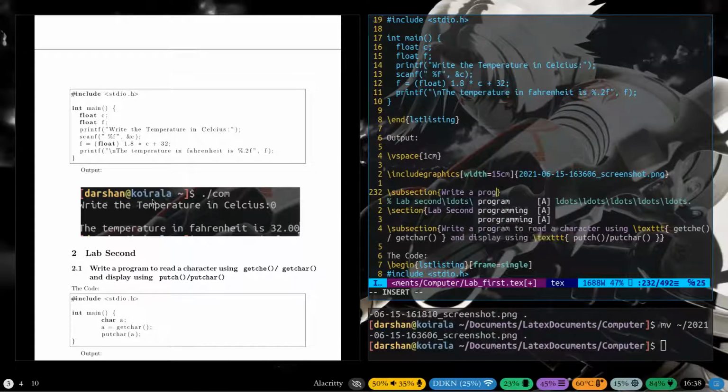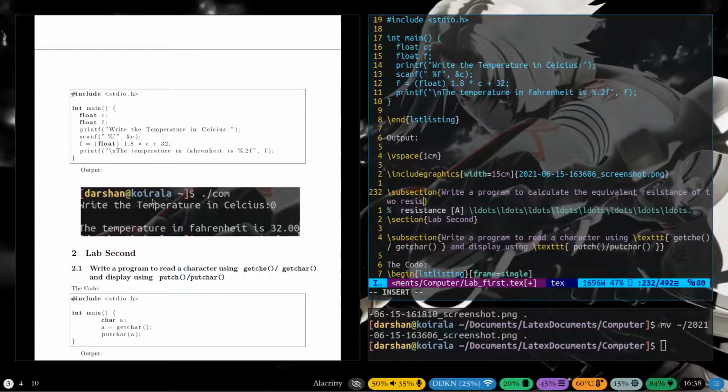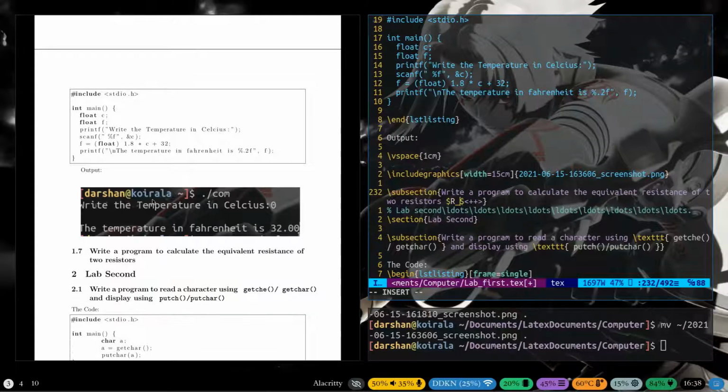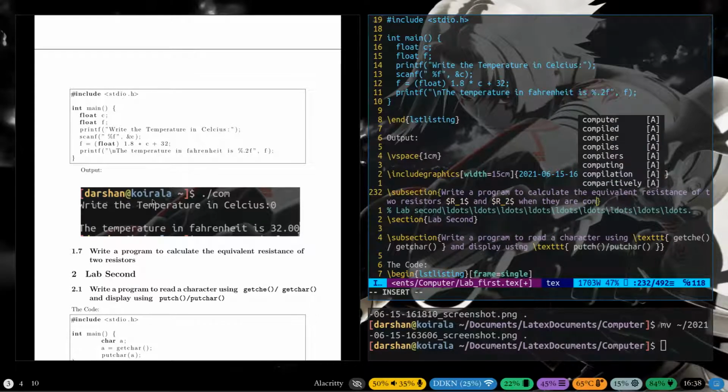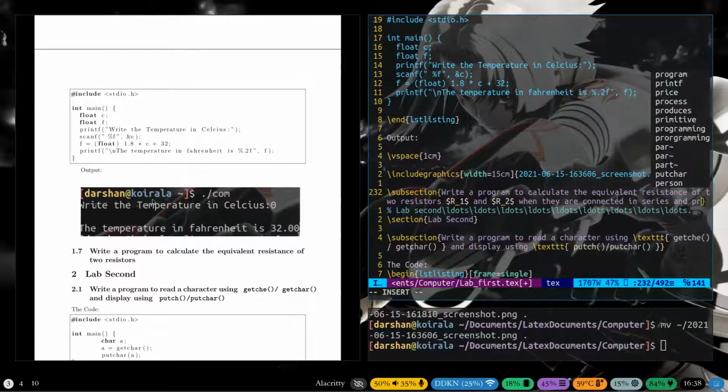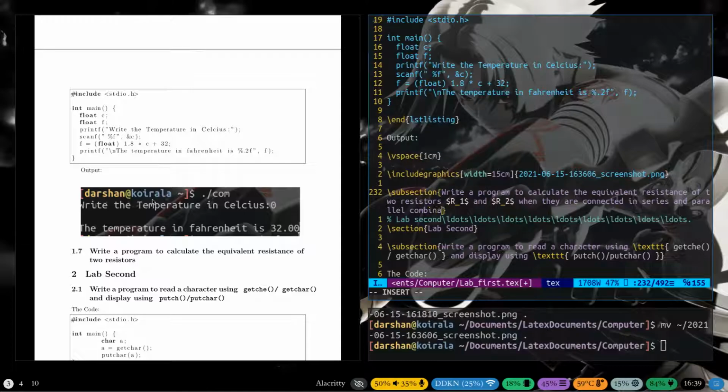Write a program to calculate the equivalent resistance of two resistors R1 and R2, and they are connected in series and parallel combination.